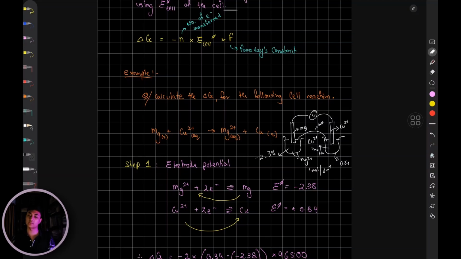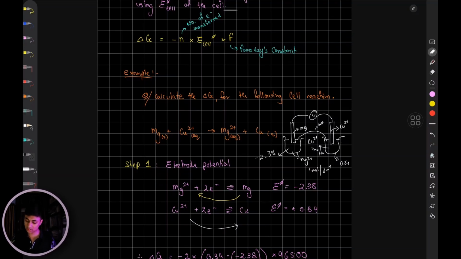In case of the magnesium, notice more negative, therefore it wants to release its energy. Therefore, in this case, oxidation is going to take place, so you're going to see a backward arrow. That means oxidation takes place, right? It's going to release the electrons since it has a high negative electrode potential. In case of copper, it has a more positive electrode potential, so it wants to gain electrons.